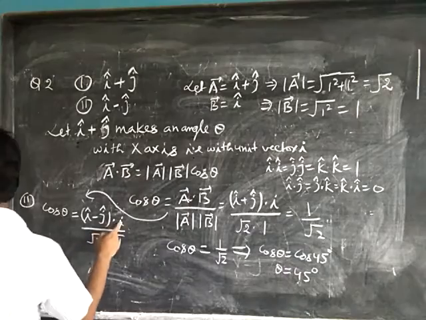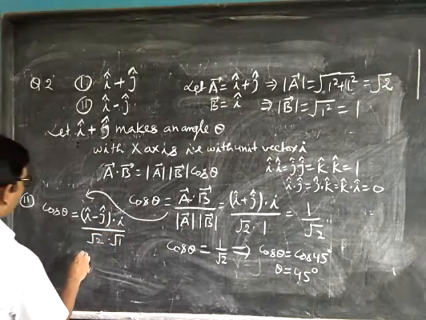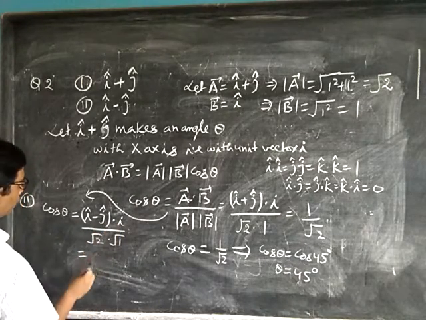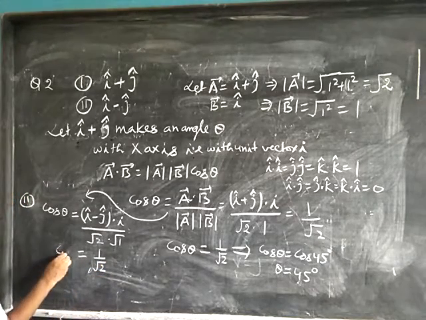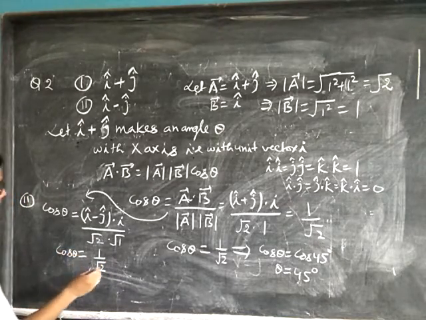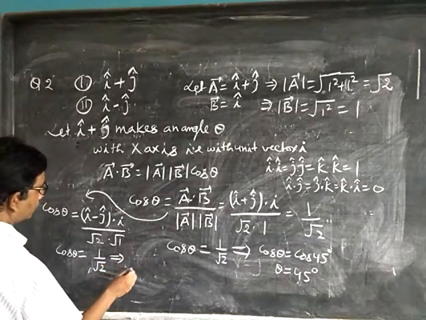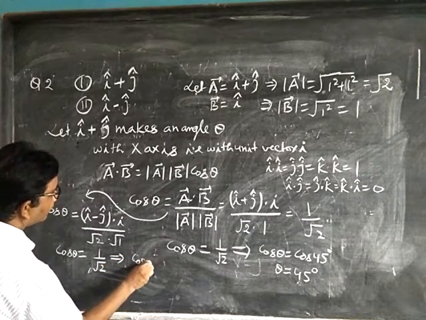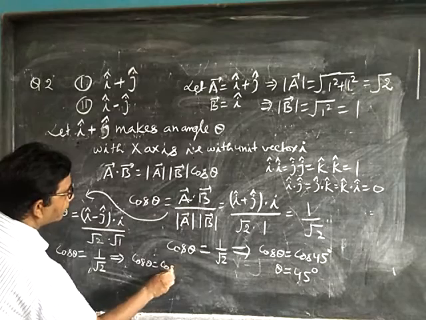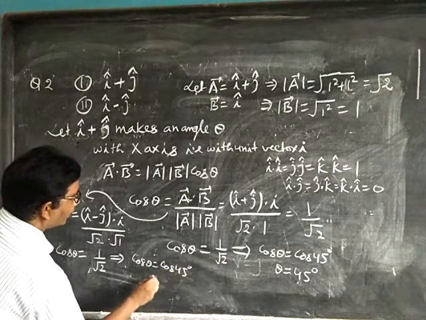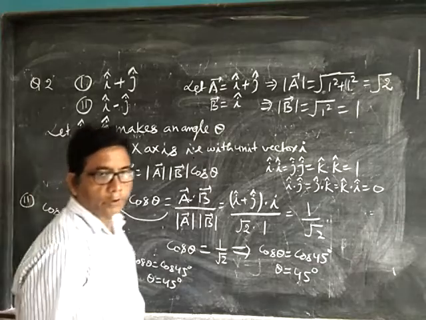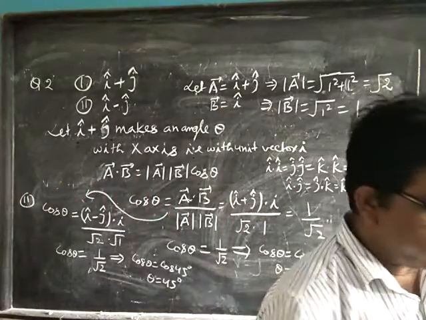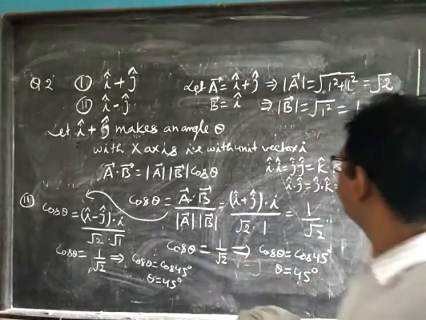Now i dot i is equal to 1 and j dot i is equal to 0, that is 1 upon under root 2. Cos theta is equal to 1 upon under root 2. This implies cos theta is equal to cos 45 and theta is equal to 45 degrees. This is the solution of this problem.